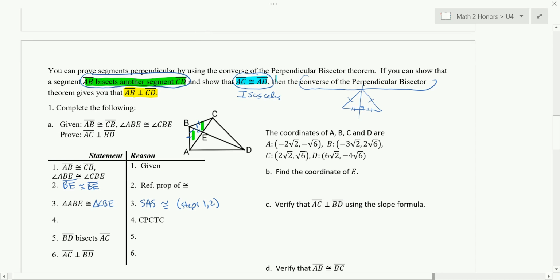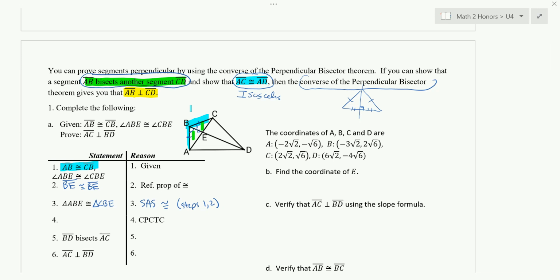Do we have that in our proof? Yes. Where? That's this piece right here, because we have this isosceles triangle here. So we have the isosceles part in our proof. We need the segment bisector in our proof, and that's going to help you with step 4. Pick something that's going to help us get that part.